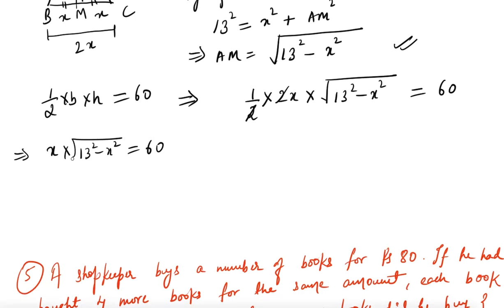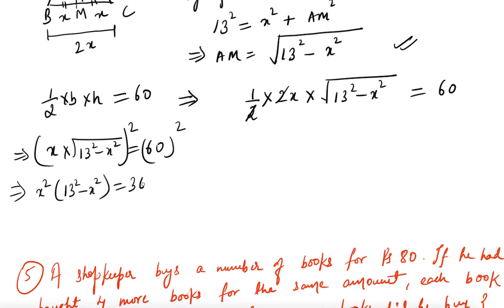Now I have to remove this root, so I will square both the sides. When I square, what will I get? x square into 13 square minus x square is equal to 3600. Let me multiply this. 13 square is 169, so 169 x square minus x to the power of 4 is equal to 3600.